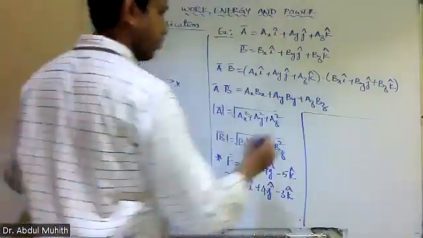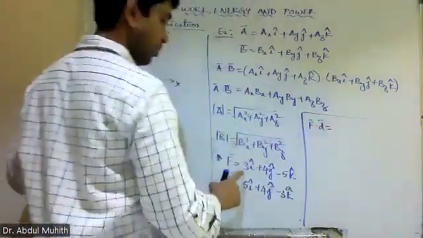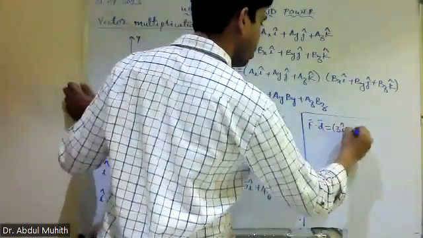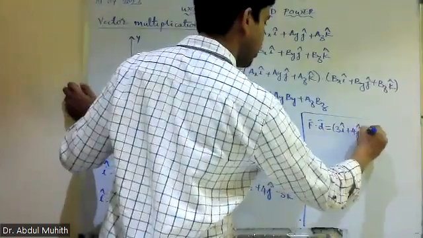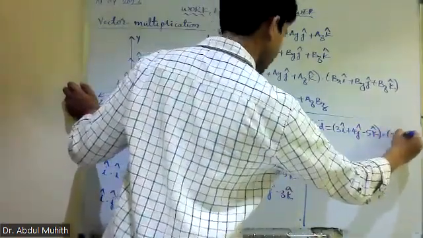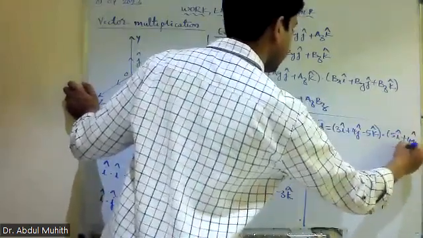Now, what will happen here? F dot D. F dot D equal to what? So we write here (3i plus 4j minus 5k) dot (5i plus 4j minus 3k).